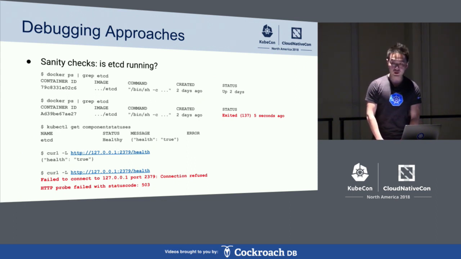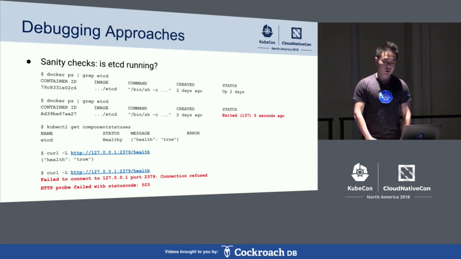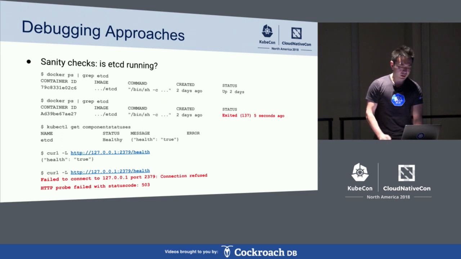It was created 2 days ago, and it's been up and running since then. The next example is sort of like the bad example, where you can see it was created 2 days ago, but it's no longer running. Oh, by the way, I highlighted issues or the bad examples in red, just for reference.